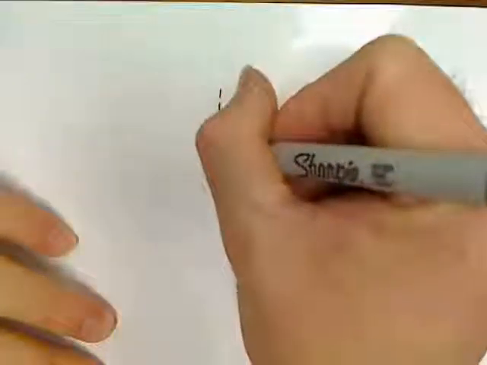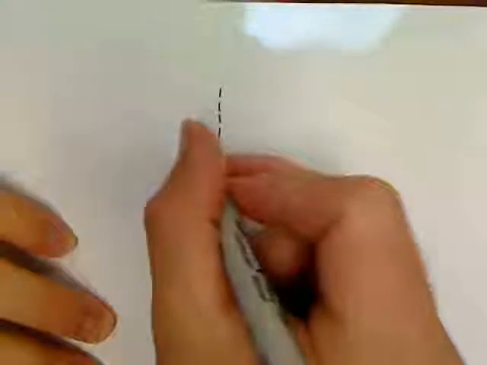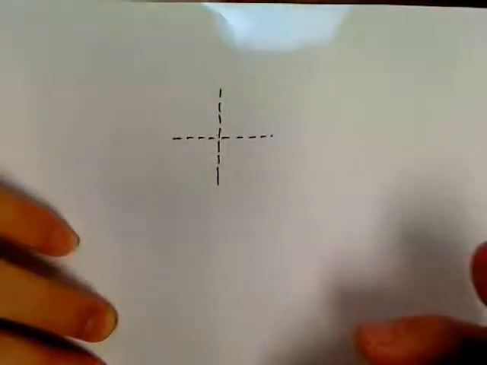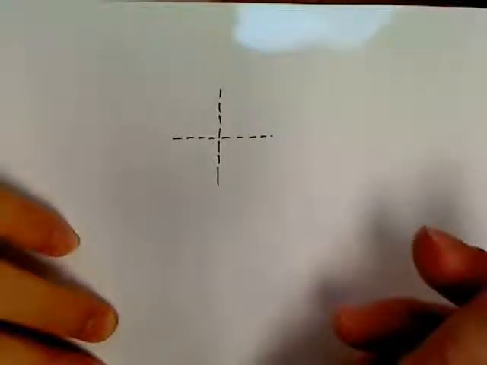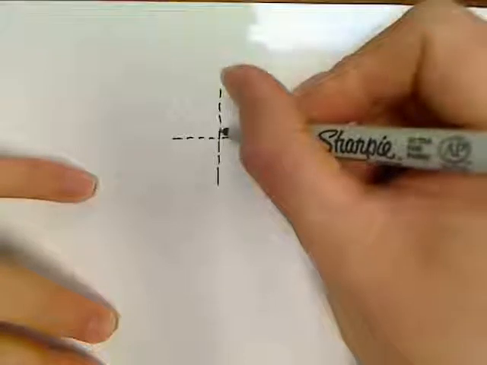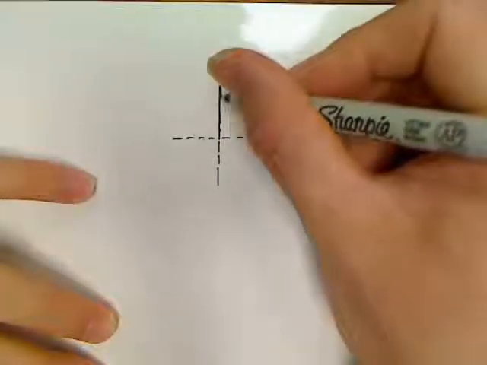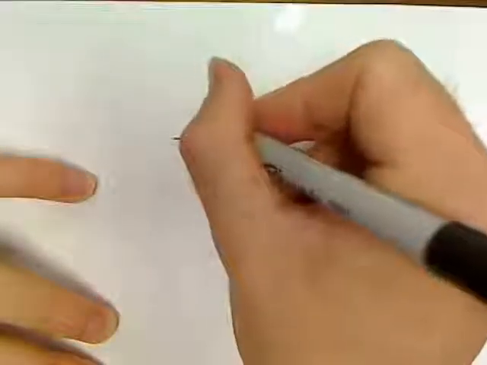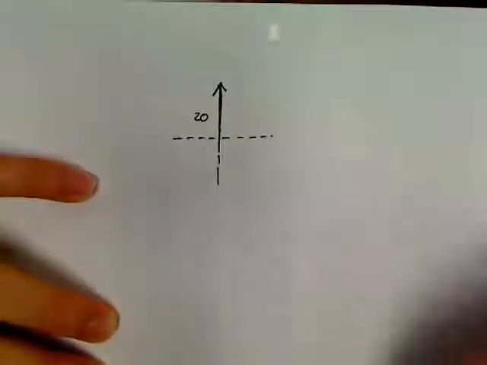So we've got two vectors in this question. So I'm going to start out right here. So we'll start out our problem with a set of crosshairs, as I usually call it, set of axes. It says to begin with, a car travels 20 kilometers due north. So this car starts out by traveling 20 kilometers due north.